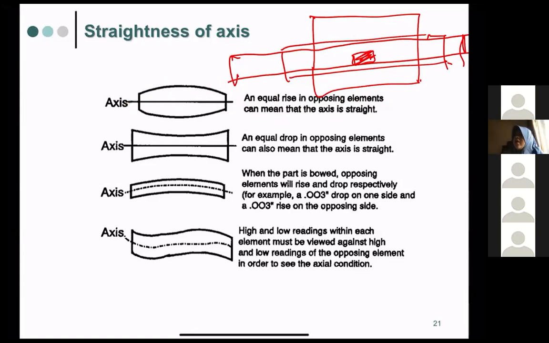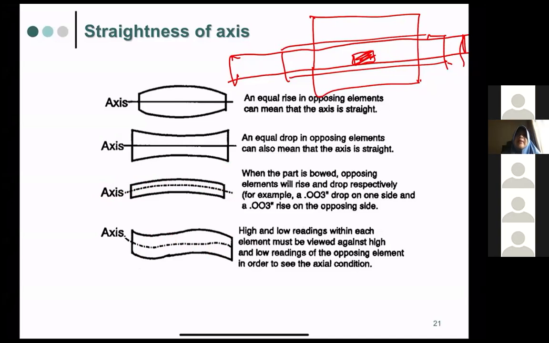Or it can be like this: the axis is okay, it's straight, but there are equal opposing elements, which of course is not really good for our specimen. Or it can be like this, which means the axis is not straight. Or this one is also not straight.